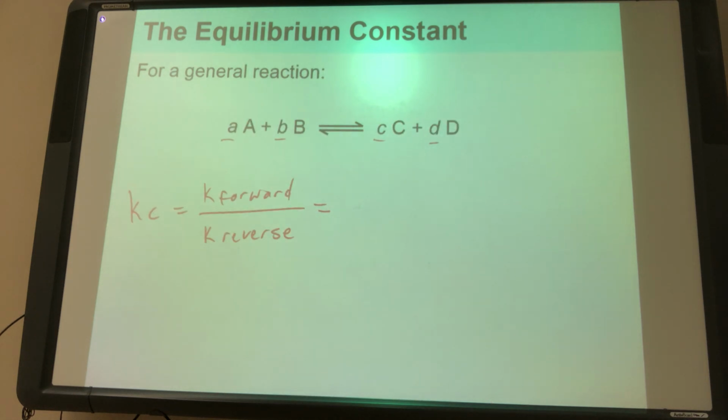So the concentration of C to whatever its coefficient is, times the concentration of D to its coefficient, over the concentration of A to its coefficient, times the concentration of B to its coefficient.